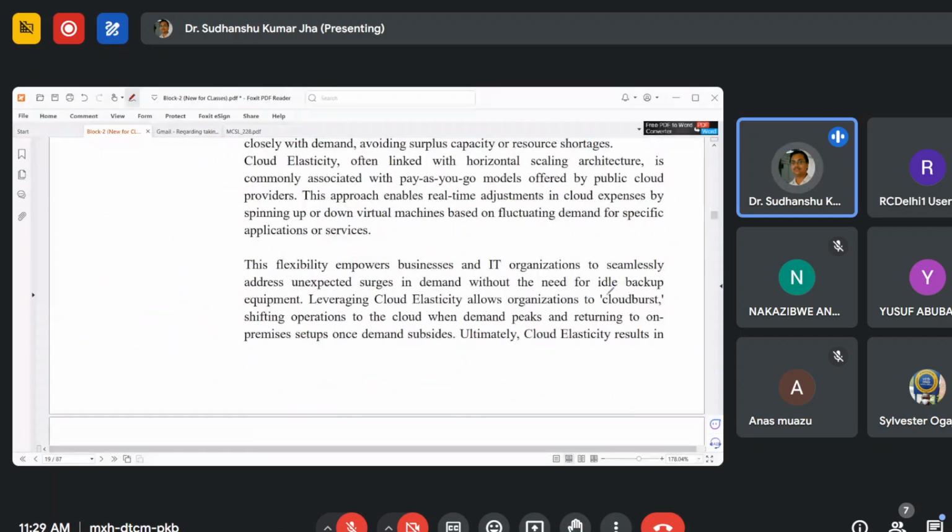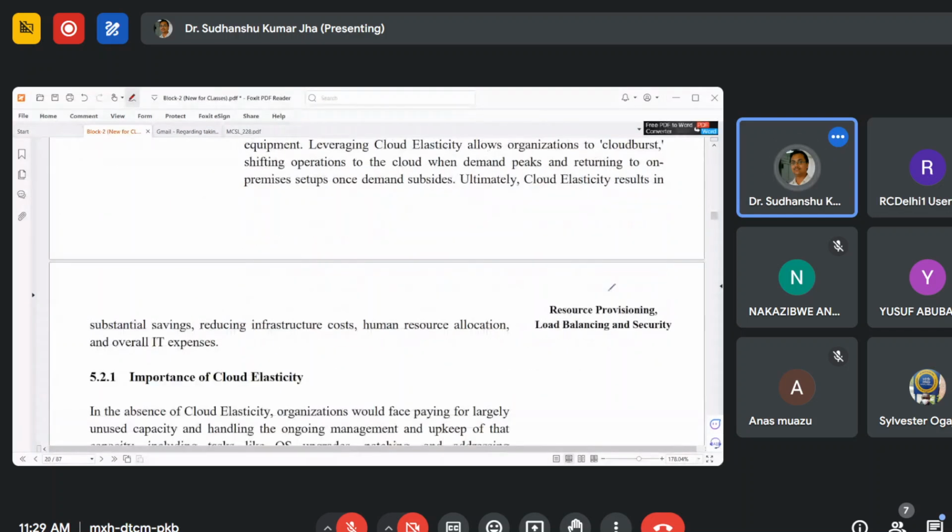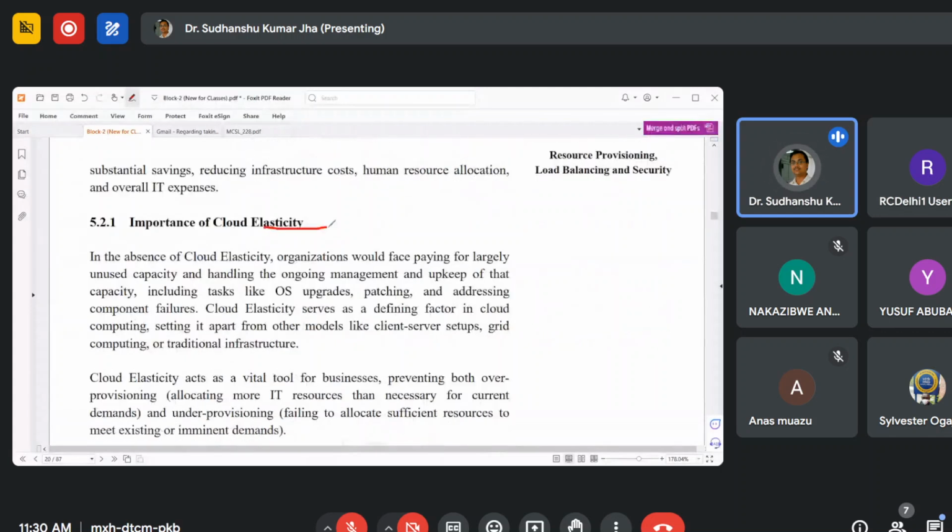So here you can see the importance of cloud elasticity. Cloud elasticity has very much importance in terms of the ongoing management of capacity, including tasks like OS upgrades, patching, addressing component failures, etc. Suppose I have 500 VMs, and 100 customers are presently working with my cloud, and some of the VMs are not working.